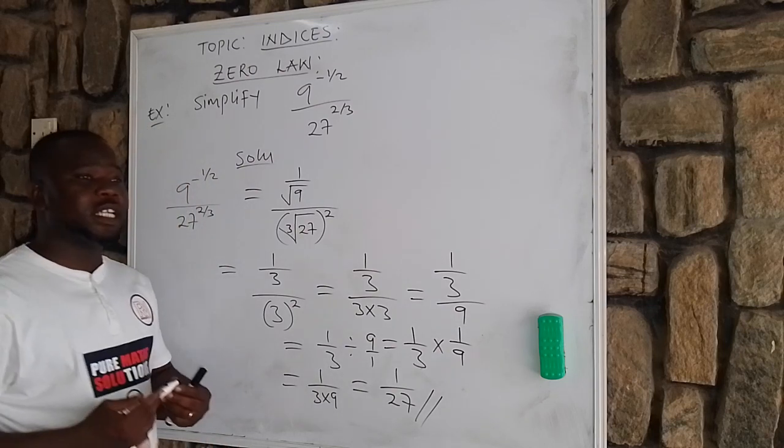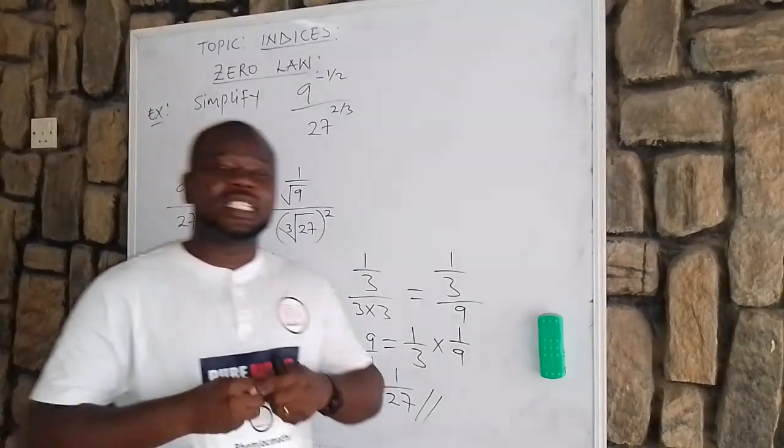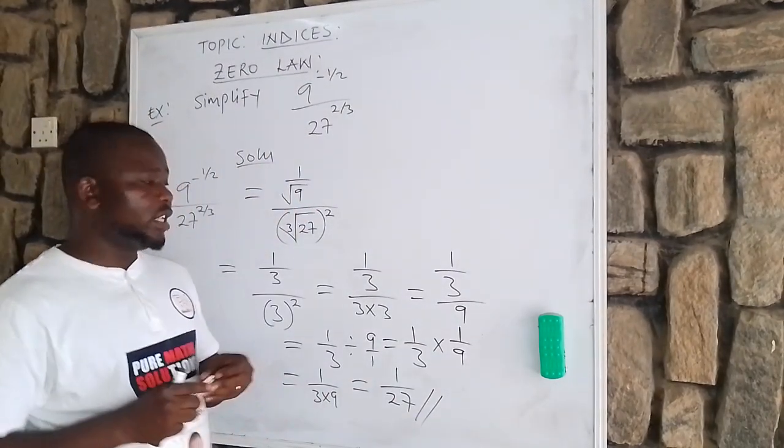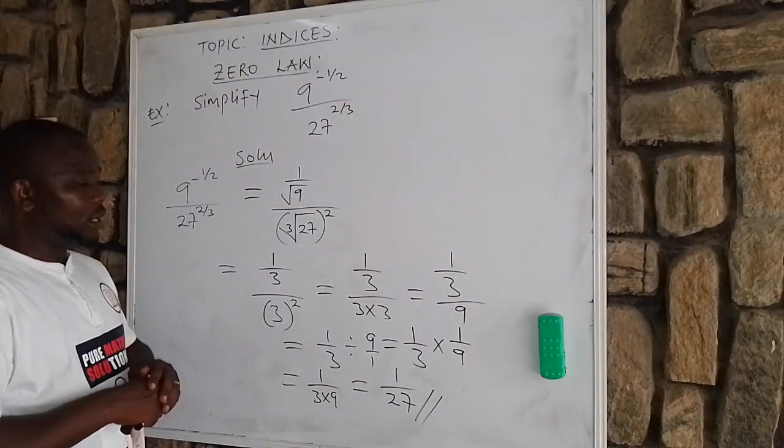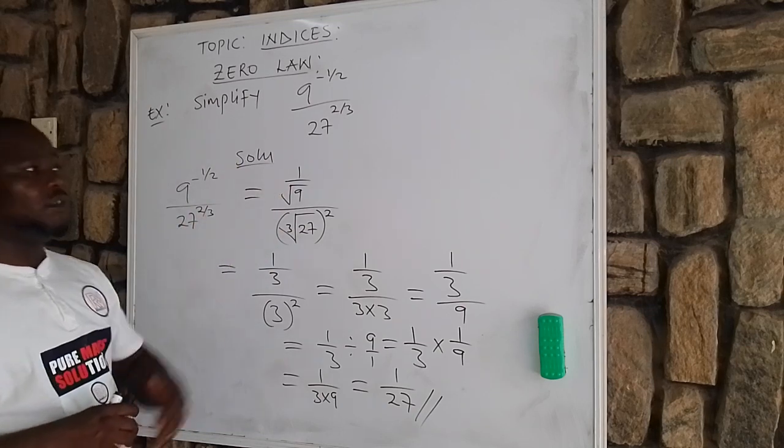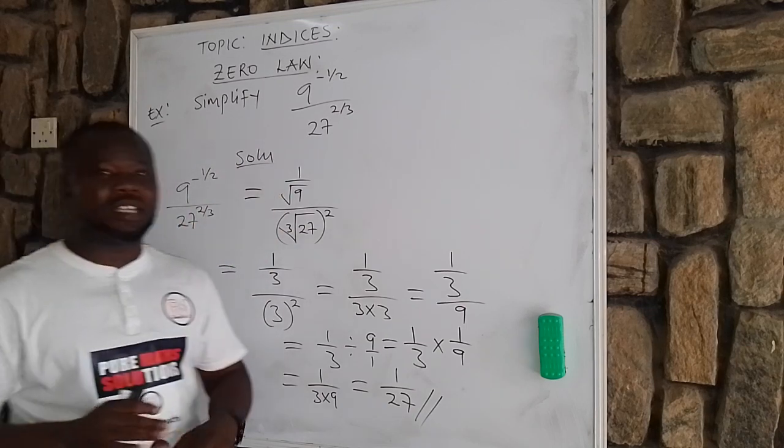So this is indices for you. In case you have any challenge, any problem, I don't think you will have a problem. Why? Because I'll break it down for you.